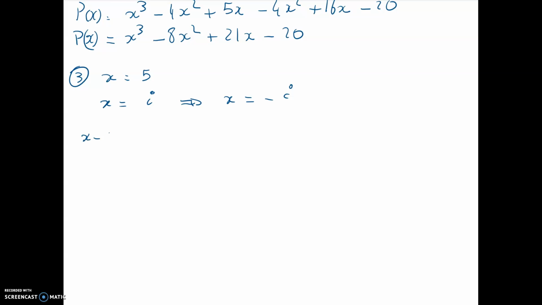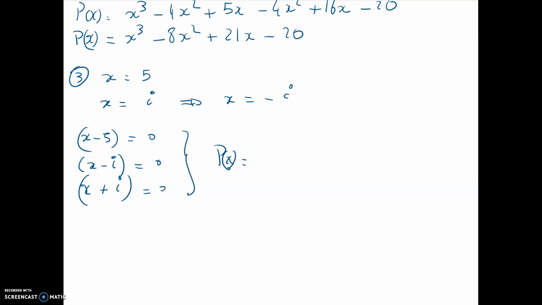So therefore x minus 5 equals 0 is the first parenthesis, x minus i the second parenthesis, and x plus i the third parenthesis. My polynomial is a polynomial of degree 3, a cubic polynomial, so it will be x minus 5 times x minus i times x plus i.